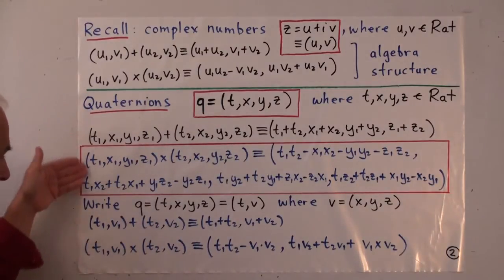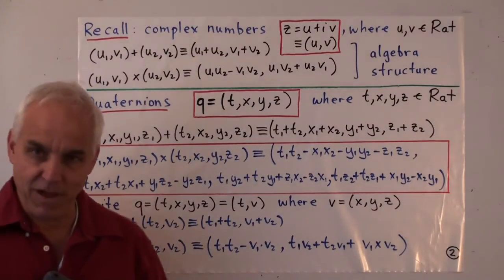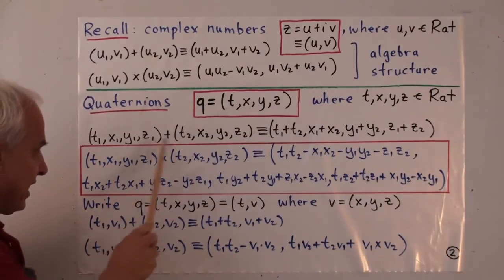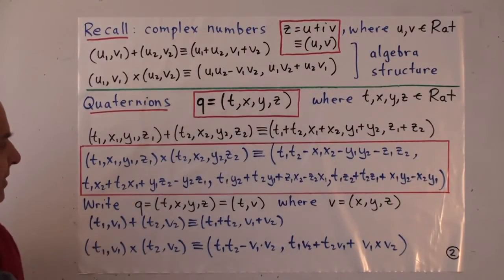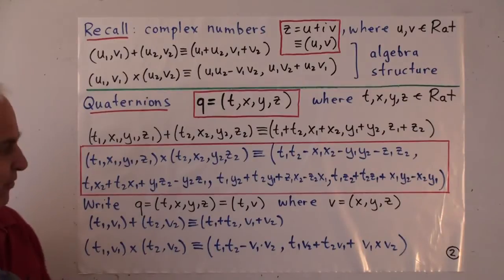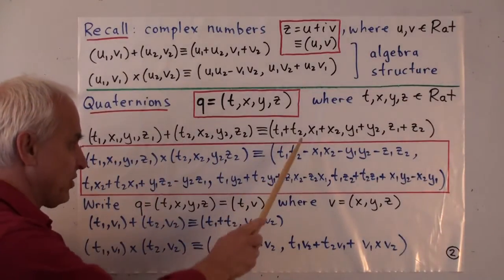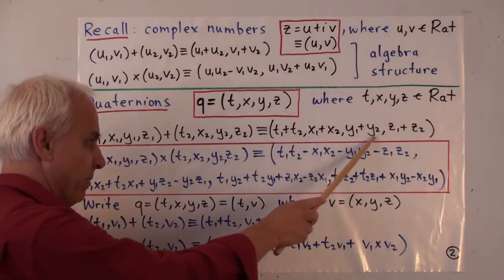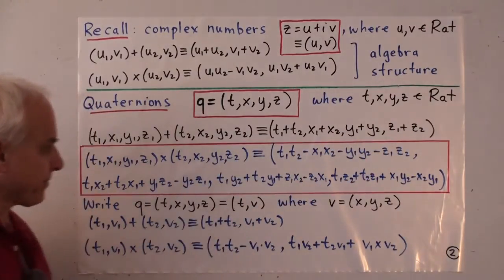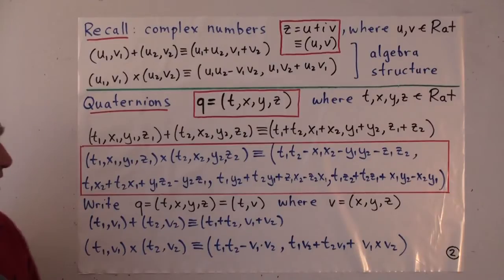And the crucial thing is how we're going to add and multiply them. Addition is easy, it's just component-wise, just as it is for complex numbers. So this thing here plus this thing here is t1 plus t2, x1 plus x2, y1 plus y2, z1 plus z2. All the complexity lies in this multiplication here.